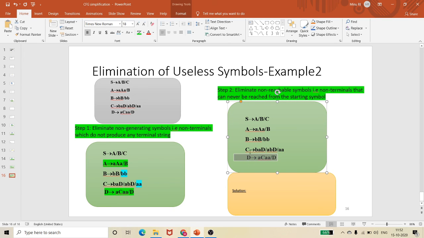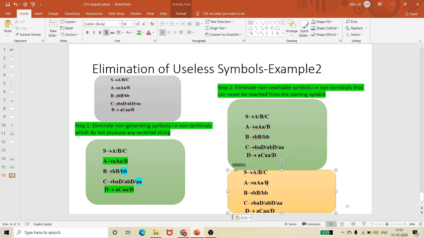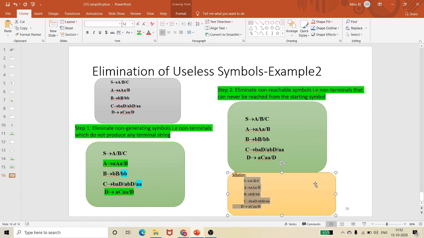D can be reached from C, and C can be reached from S. So D is also reachable. So all are very much important. This is my entire solution. There is no elimination at all required.